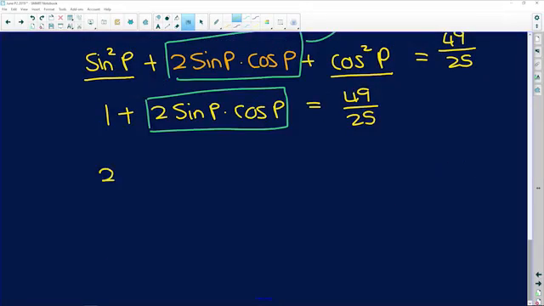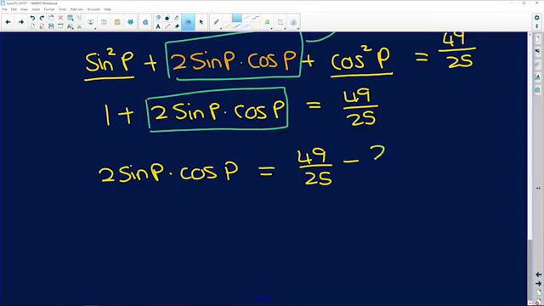So to isolate that expansion that we needed, 2 sine of p multiplied by cos of p is equal to 49 over 25 minus, because we're subtracting 1 from both sides, but 1 in terms of the denominator of 25 is 25 over 25.